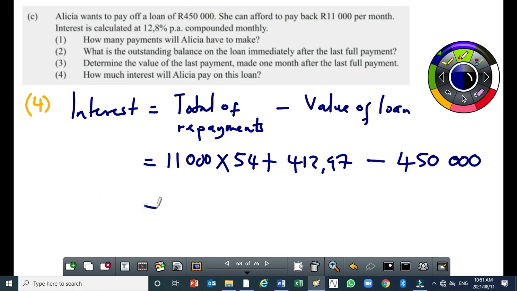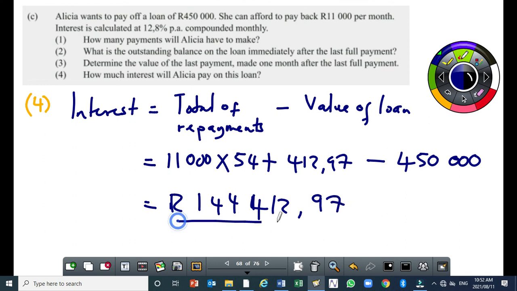Okay, so if you do your math here, what answer do you get? 144,4... Oh, sorry. Another 4. So there are 3 4s. Yes. 97. Right. So you should all get that.